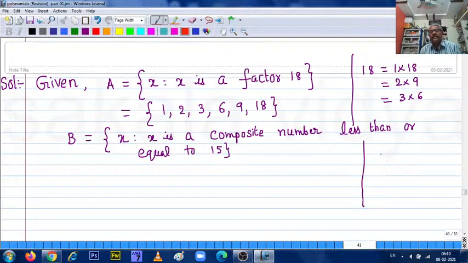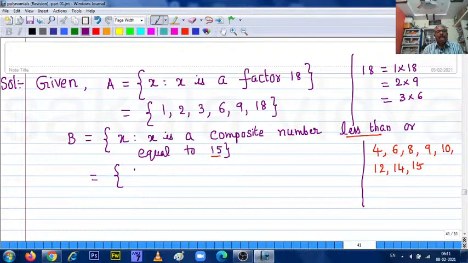So what are the composite numbers? 2 is not composite, 3 is not, 4 is composite, 5 is not, 6 composite, 7 is not, 8, 9, 10 composite, 11 is not, 12 composite, 13 is not, then 14 and up to 15 only. Check less than or equal to 15. So in set B we have the elements 4, 6, 8, 9, 10, 12, 14, 15.